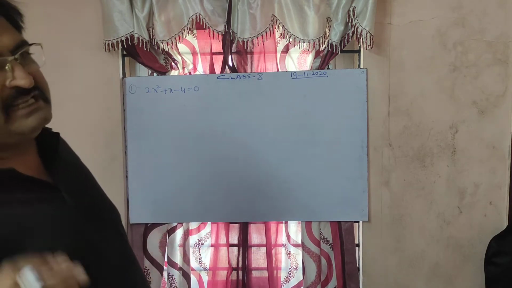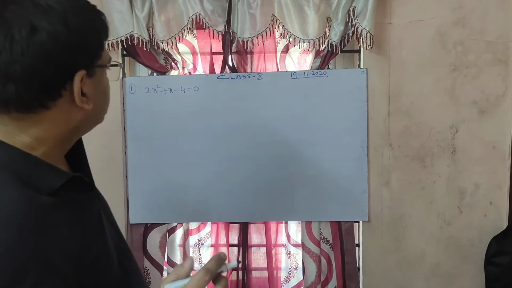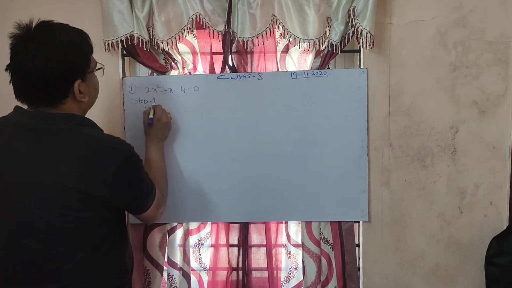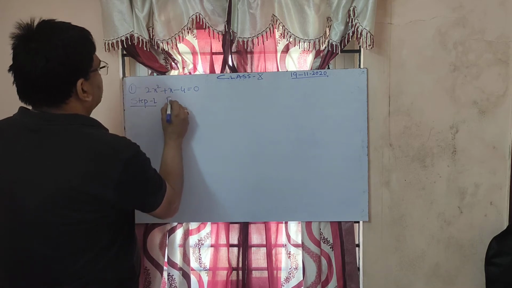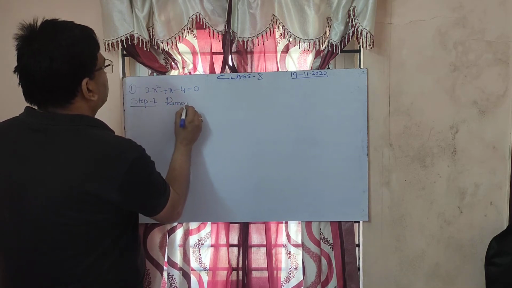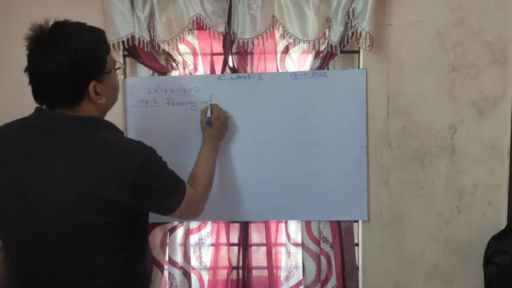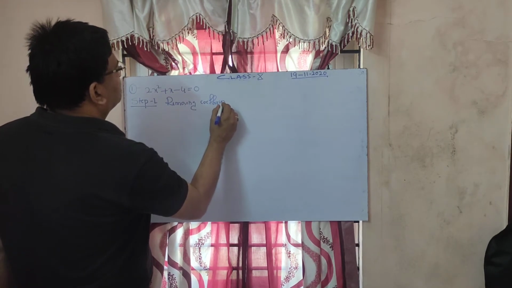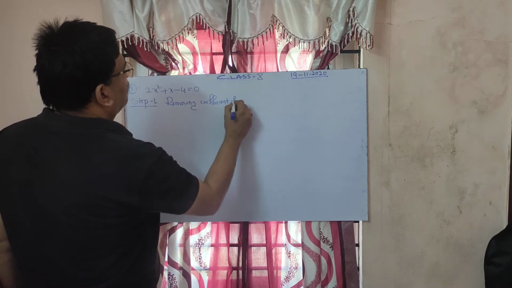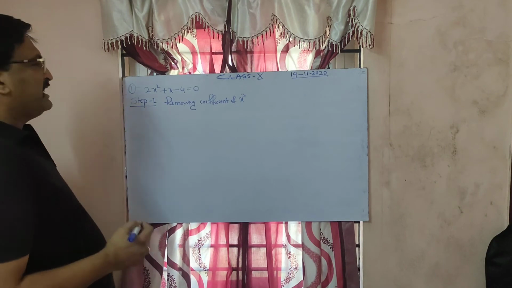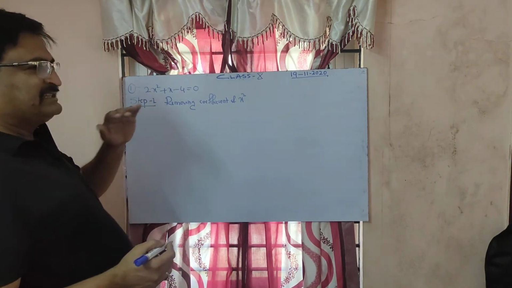So step number one is removing the coefficient of x square. What is the coefficient of x square? That is 2. Just remove it.